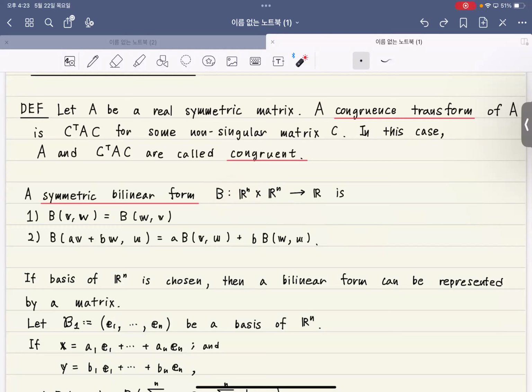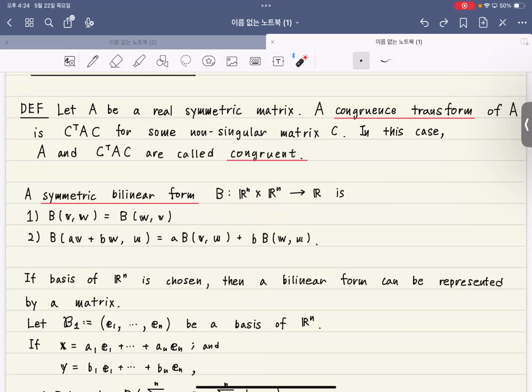But that means if you choose two different bases, then even though your symmetric bilinear form remains the same, their matrix representations might be different. So the question is, how do you know whether two different real and symmetric matrices are representing the same symmetric bilinear form or not? This is a very important idea in this context.